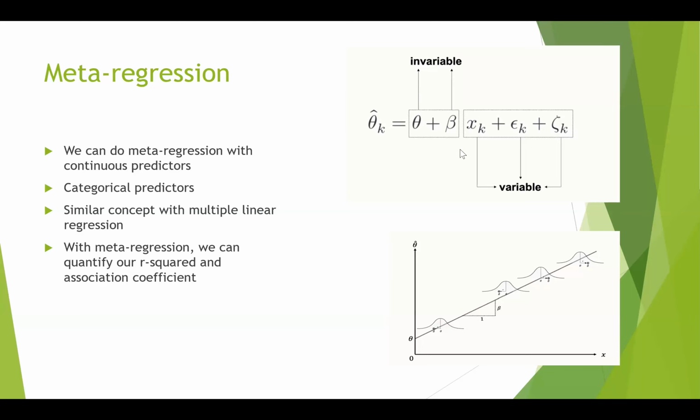So you can see P hat is equal to theta plus beta times xk plus ek plus some other random error. So we have two random errors here. If you were dealing with one single study, like I'm doing one study from, let's say, Ibadan state, like impact of COVID-19 on mental health in just one study, without meta-regression or meta-analysis in particular, then I'm going to examine only ek, which is the random chance by sample errors, which doesn't include the last aspect of it.